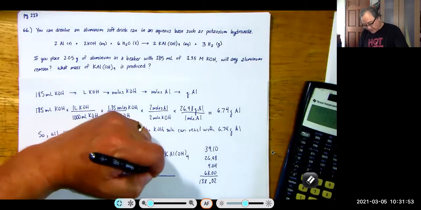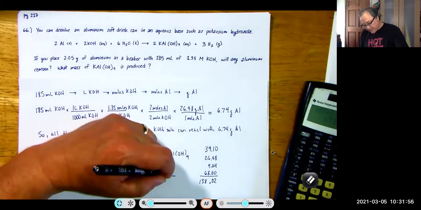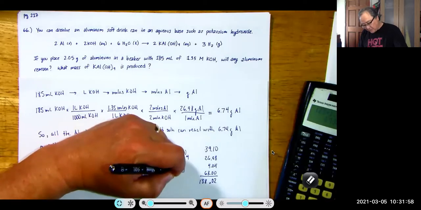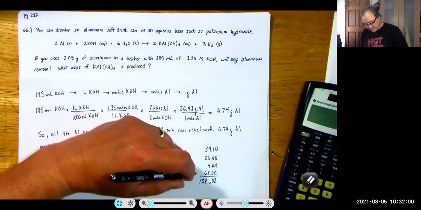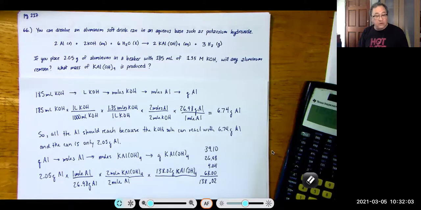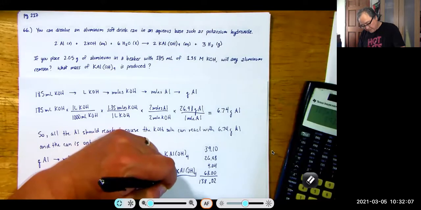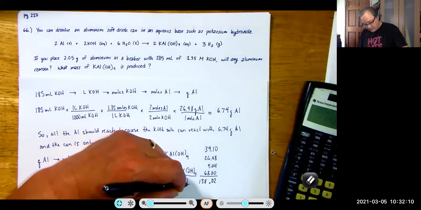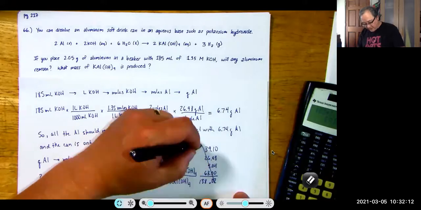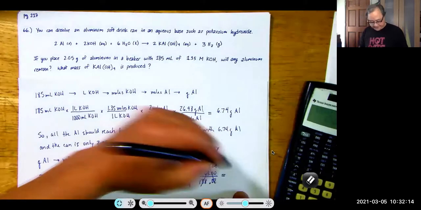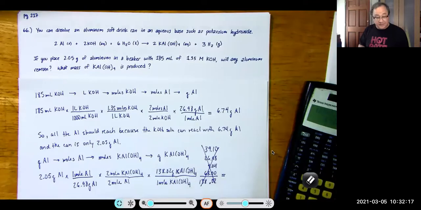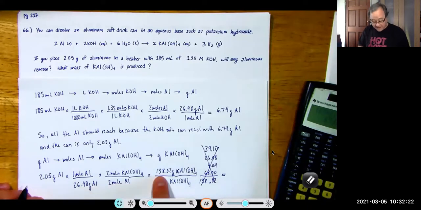Okay, so times 138.02 grams of potassium aluminum hydroxide per 1 mole of potassium aluminum hydroxide. So I'm going to cross this off to get it out of the way, and then I'm going to put equals, and I'm going to estimate again. 26.98 will go into 138 about 5 times. 5 times 2 is 10. So I should get an answer of about 10.